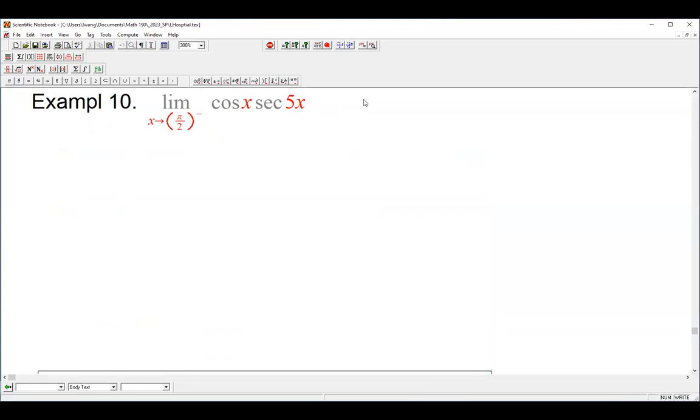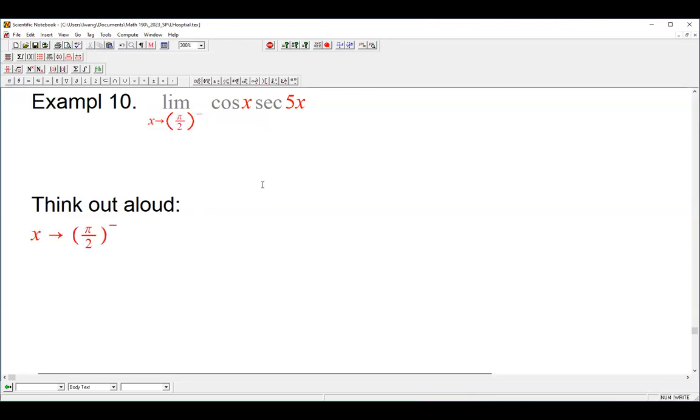First of all, we know that, think out loud, when x is approaching pi over 2, what happened to cosine x? That's a continuous function. It approaches 0.